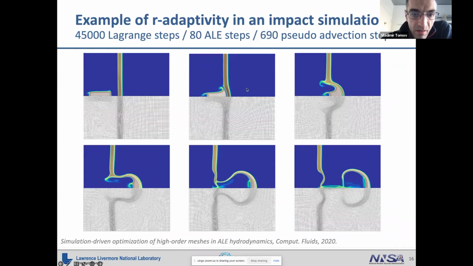And this is the example with the impact. Actually, it uses mesh adaptivity in the remesh, so you can see the mesh size is optimized to the location of the wall and the flyer, and you can see how the mesh evolves.